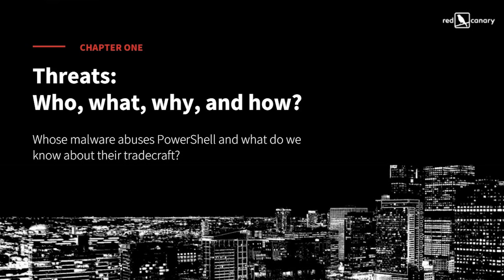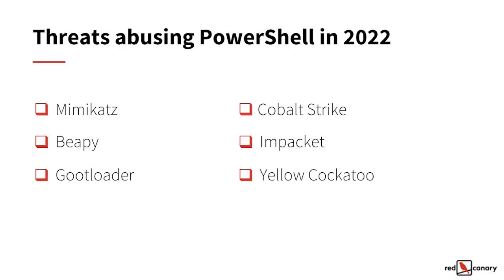A quick reference to the threat detection report that was released last week: there are some notable threats that stood out in terms of abuse of PowerShell in 2022. One of the big patterns you'll notice is that it's across the board. There is PowerShell-based malware, and a lot of adversaries do interactive command execution through PowerShell. But it's also included in almost every other type of threat.